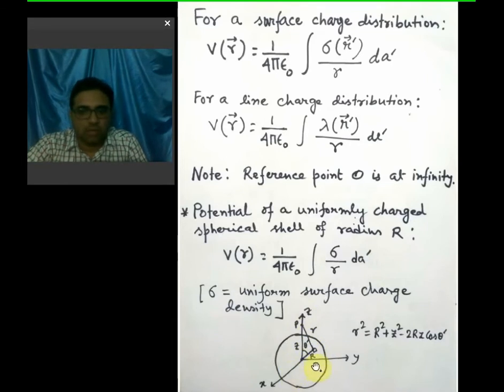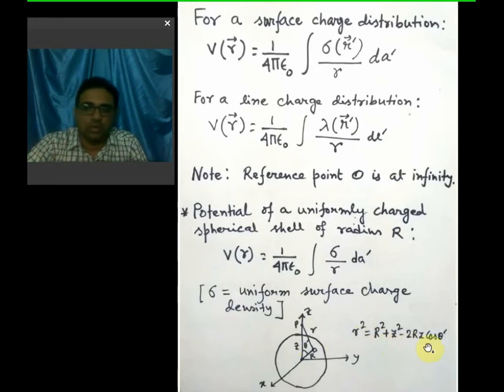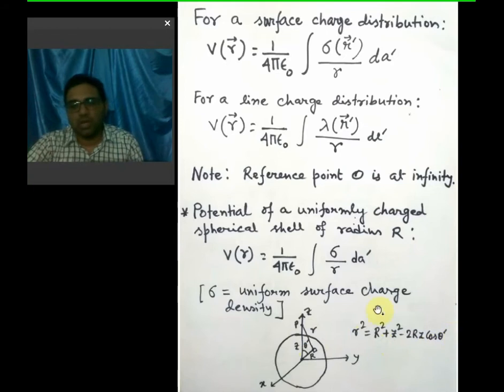We are in the prime coordinate, so we have to remember that. From this elemental surface, the distance to the point P is this r. So we can write r square is capital R square plus z square minus 2Rz cos theta prime.